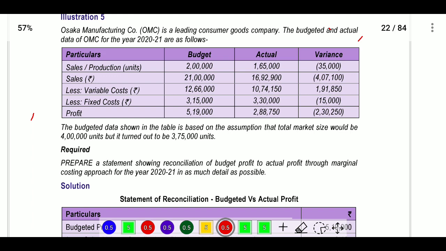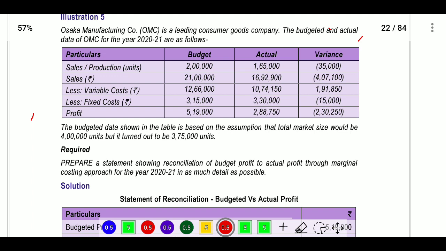So the above budget was provided based on 2 lakh units, assuming a total market size of 4 lakh units, but it turned out to be 3,75,000 units. Okay, so what is their budgeted market share? We need to prepare a statement showing the reconciliation of budgeted market share.